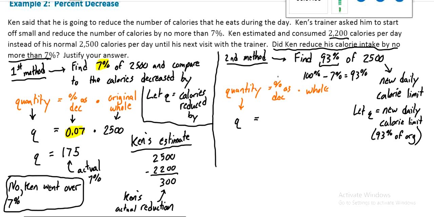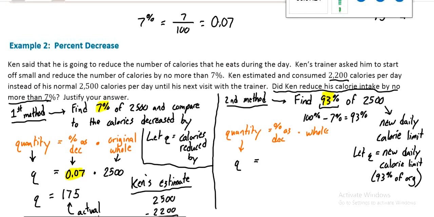All right, so we have that. Our percent as a decimal. Remember, now we're talking about 93%. I'll sneak this in where I can. So 93%, we turn that into a fraction, put it over 100, put the number in front of the percent on top. 93 divided by 100 will give you 0.93.